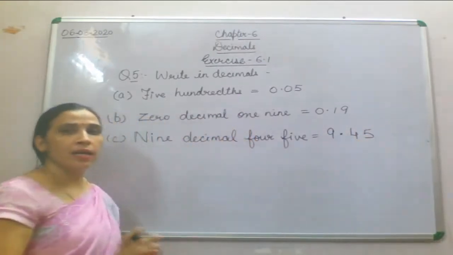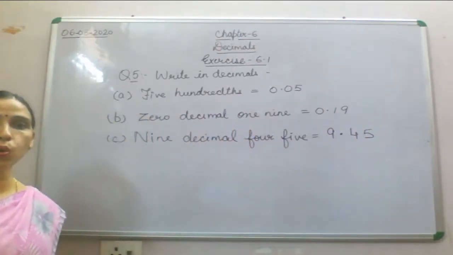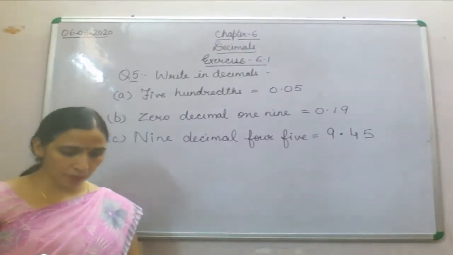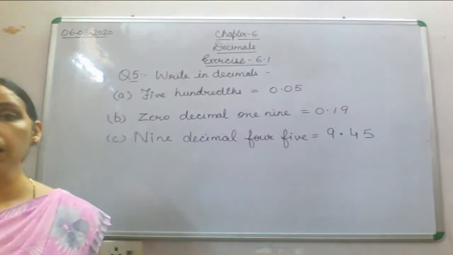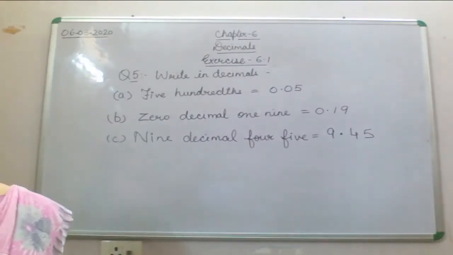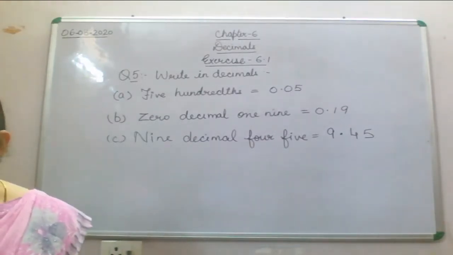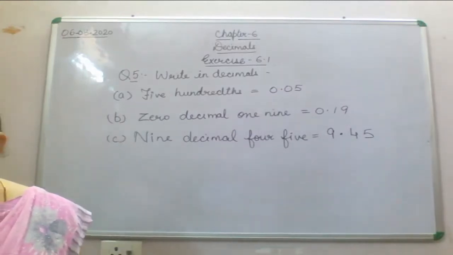Quite simple. Whatever is given here, you have to write it in that way only. 9 decimal 4 and 5. So we have completed the C part.